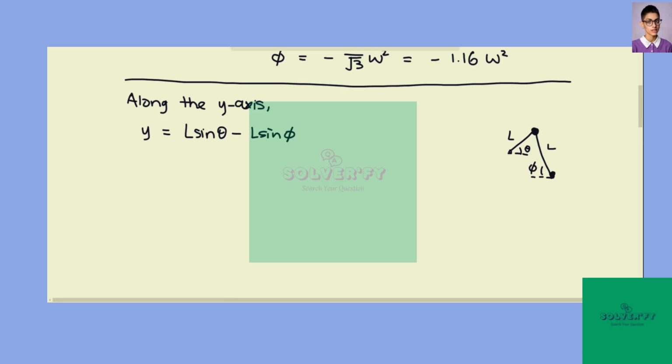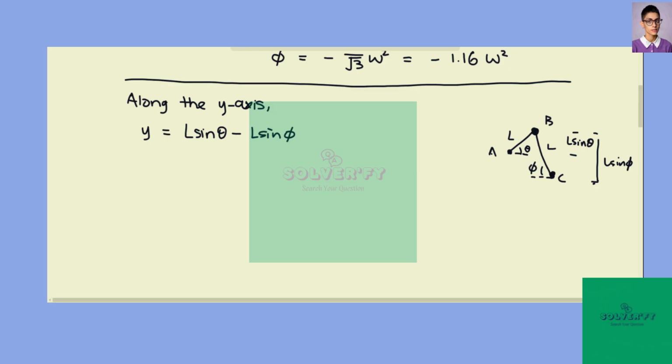Because the origin is set at A, it will be this vertical distance minus this vertical distance. So this is L sine theta, and this is L sine phi.